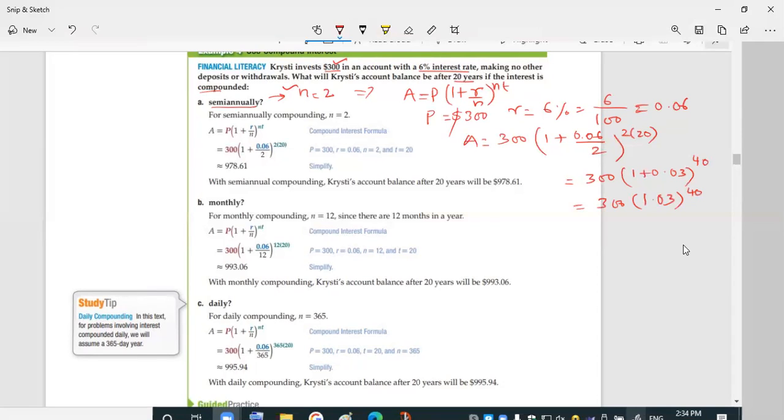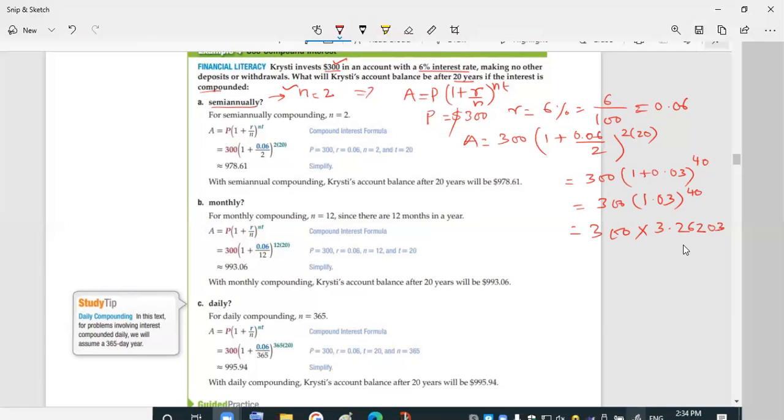So we can find out 1.03 raised to power 40 is 3.26203 if we write 5 digits, and multiply it by 300.